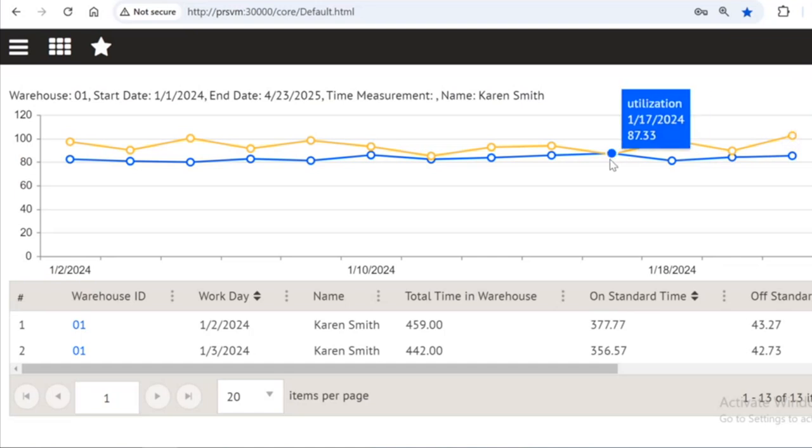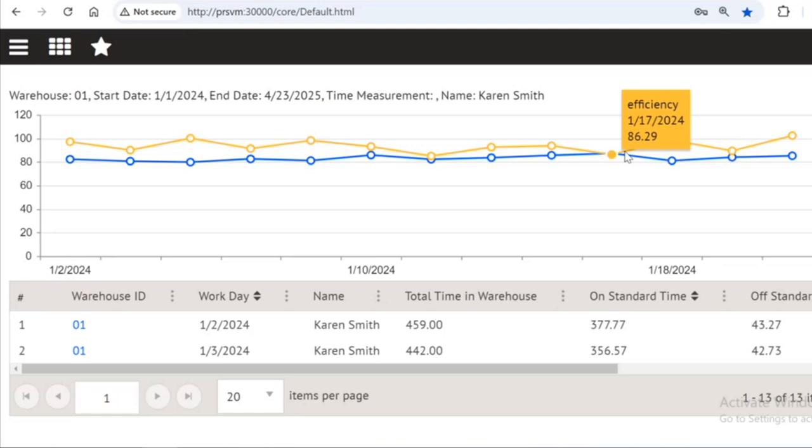Here on the 17th, we can see that they drop down to about an 86% efficiency, which is maybe not a cause for concern, but it's something we need to dig into further so we understand what happened, what caused them to fall behind expectation, and what we need to do to get back up to our efficiency goals.